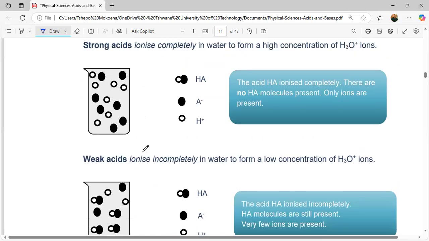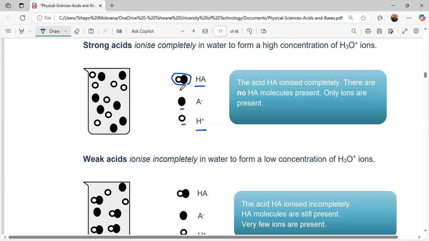Now, here is more or less a demonstration of how this acid actually works. What I want you to have a look at is that we have our acid, and then we have the H+ ions. If our acid is ionized completely, look, this is the presence of acid. Do you see something that looks like this in the container? No. The only thing you see inside this container is this and this separated.